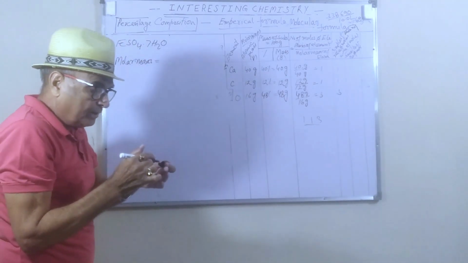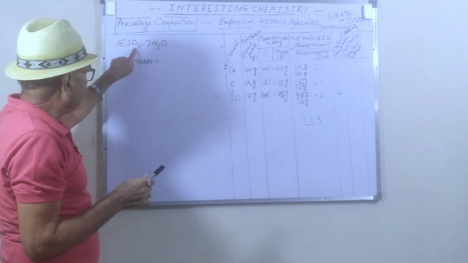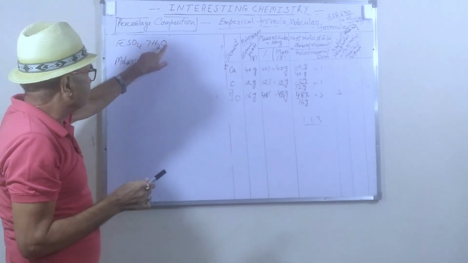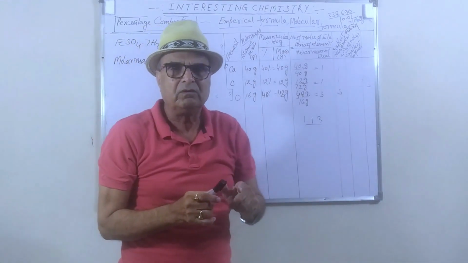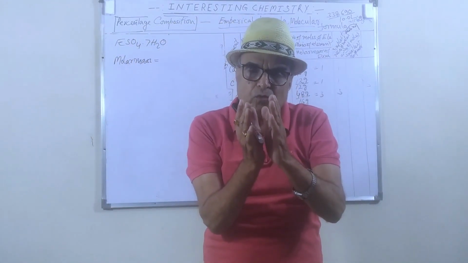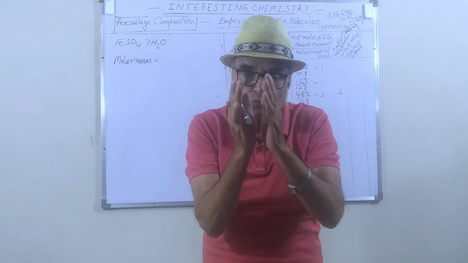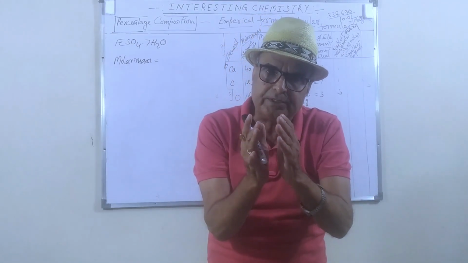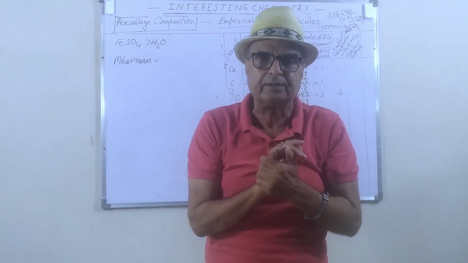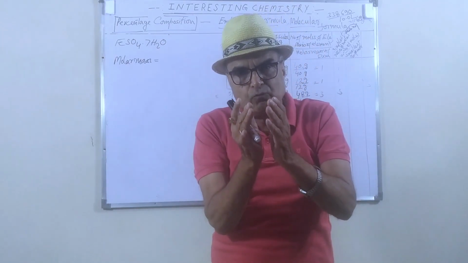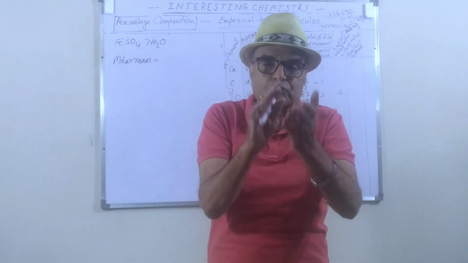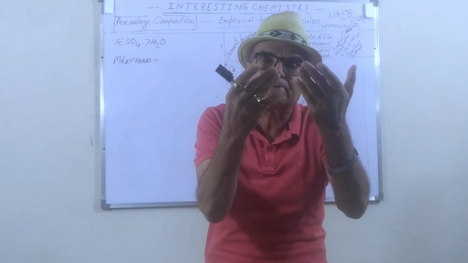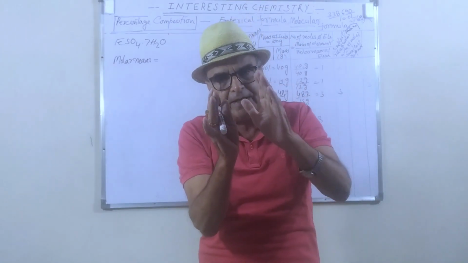Now I want to tell you there are 4 oxygens, and then 7 oxygens in the 7H2O. This H2O is called crystalline water, and this crystalline water is absorbed by the compound, so it is not part of the composition.